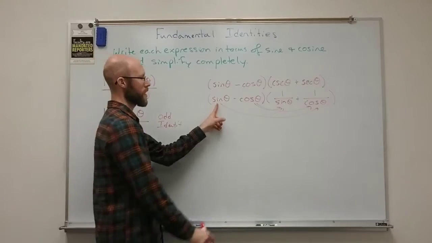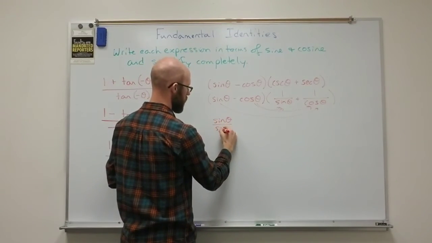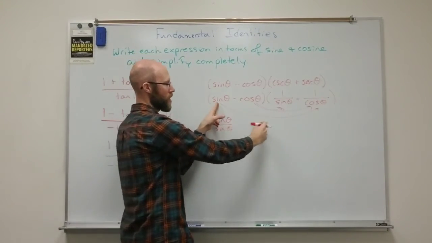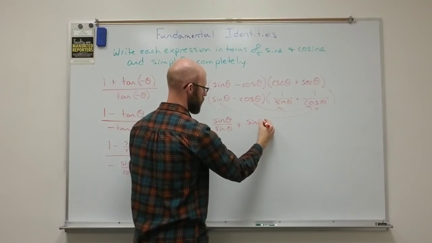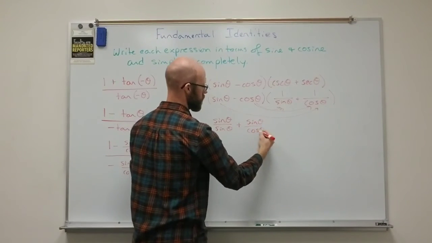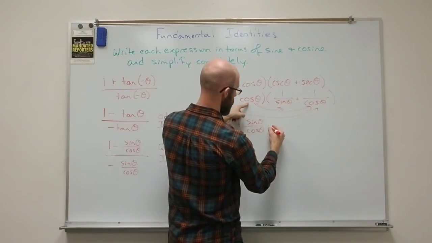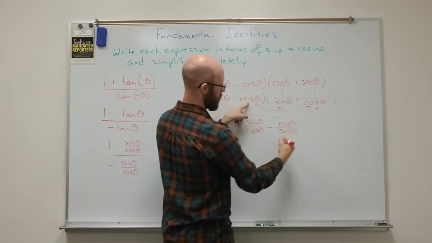So sine times 1 over sine is the sine over the sine, right? So that times that is here. I got sine times 1 over the cosine, which is the sine over the cosine. Then I've got negative cosine times 1 over the sine is a negative cosine over sine.